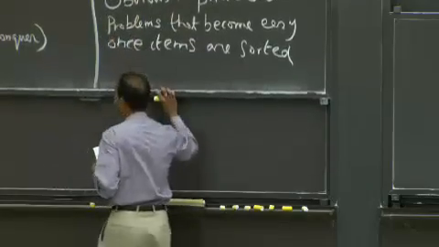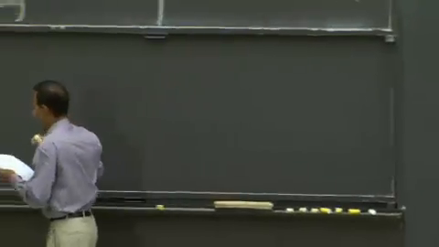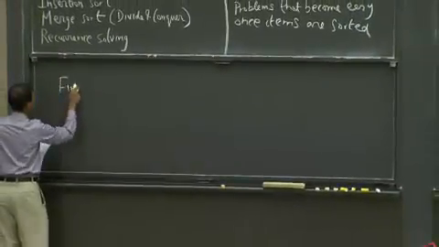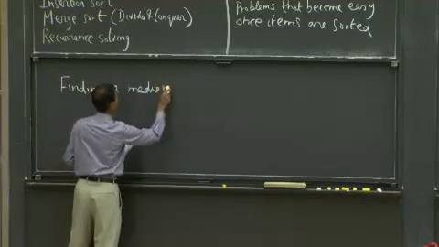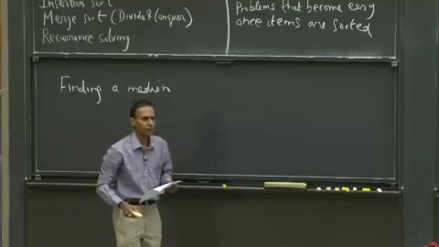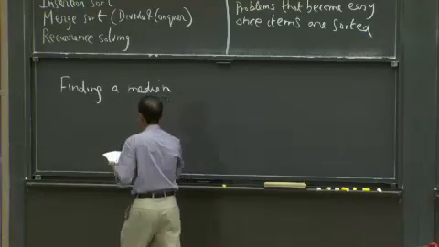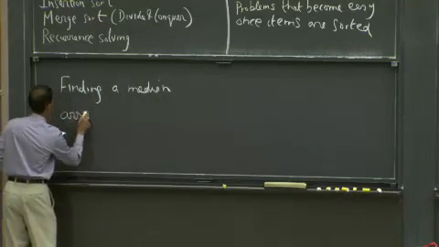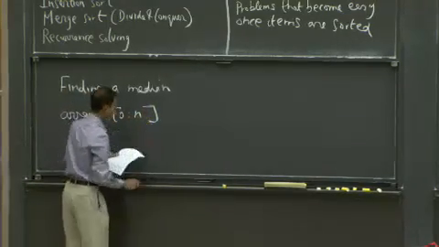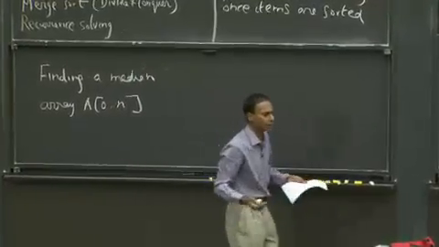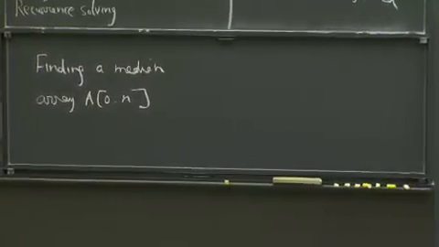And one example of that is finding a median, for example. So let's say that you have a bunch of items in an array A0 through n, and A0 through n contains n numbers, and they're not sorted.